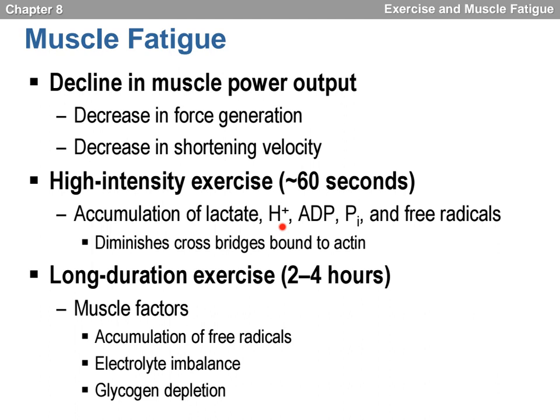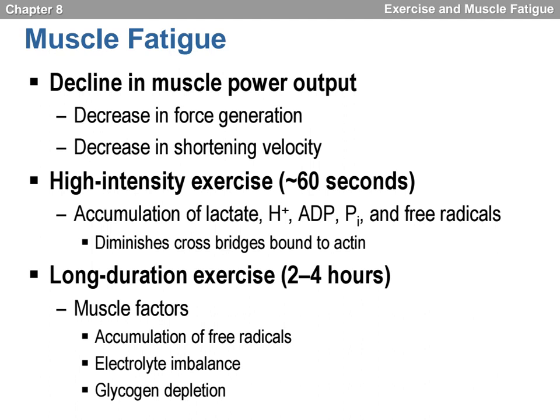Again, that has a negative effect on cross-bridge cycling. We already mentioned the fact that in order for cross-bridge cycling to occur quickly, you need to have a relatively high concentration of ATP. So if you start to get to the point where you have a little bit of a reduction in ATP, that may affect cross-bridge cycling slightly.